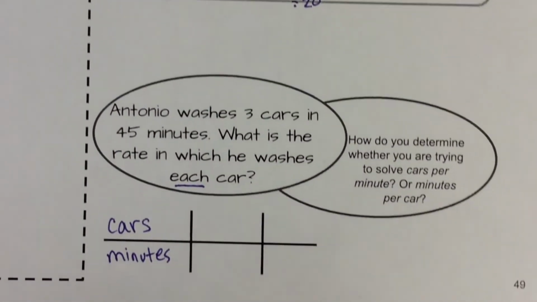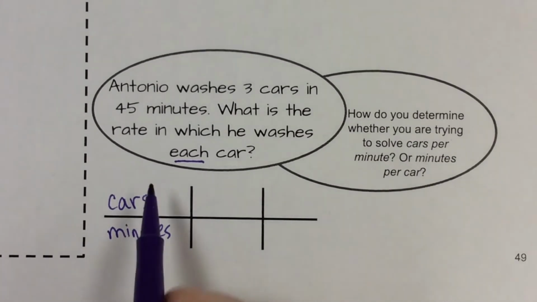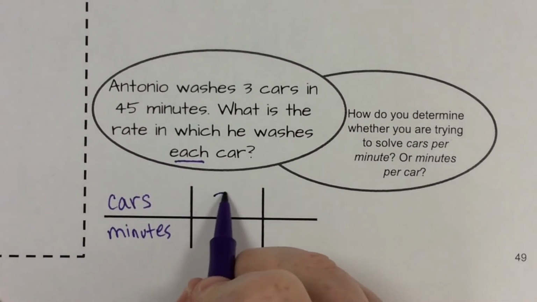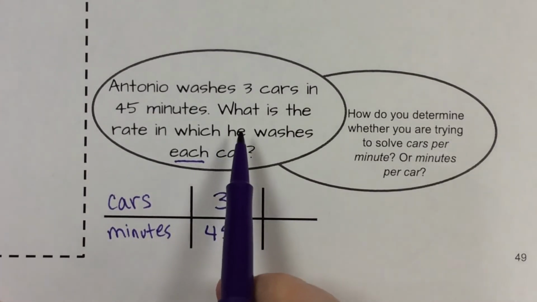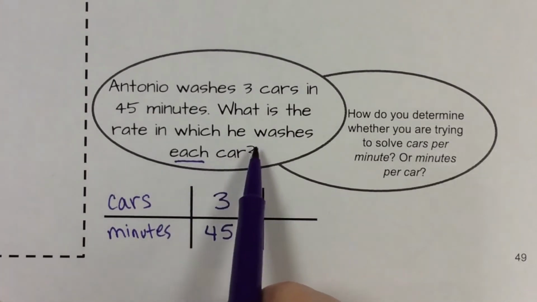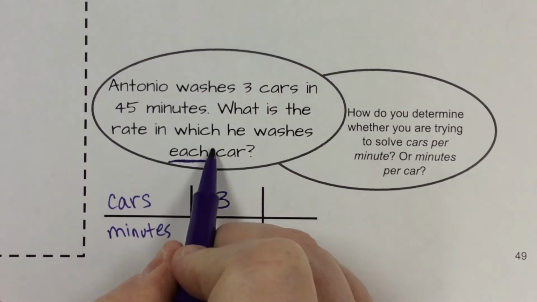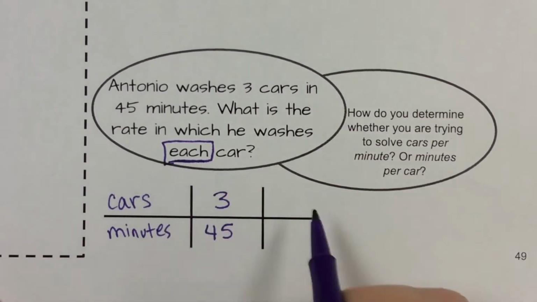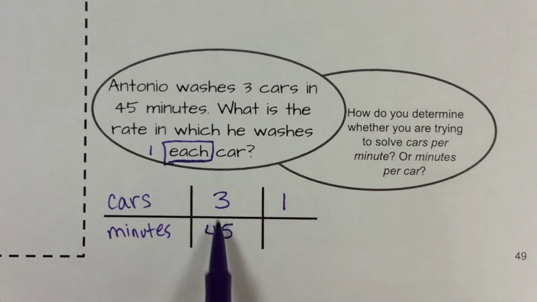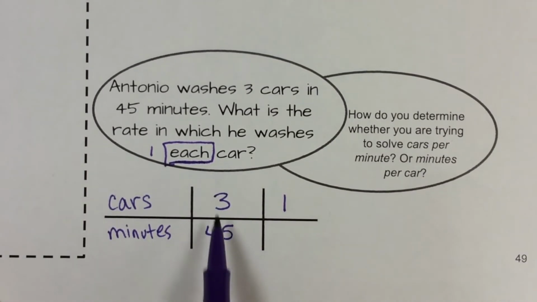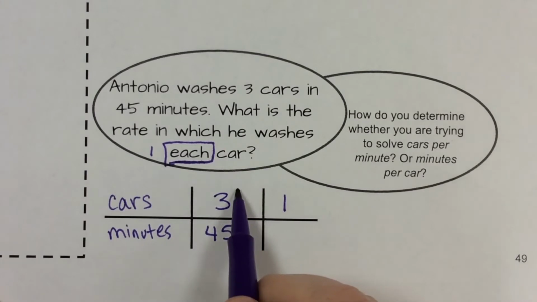Okay, here's an example down here. Antonio washes 3 cars in 45 minutes. So we said, what is the rate in which he washes each car? Now, I don't see a number in here, but each does represent 1. So 1 car. So we have the rate or the speed at which he's washing cars, but we are trying to scale down.